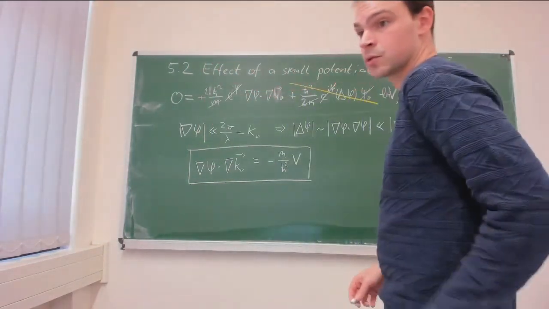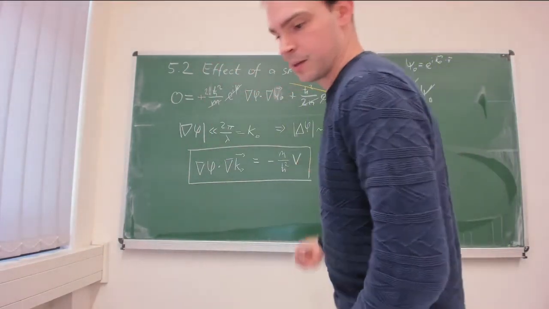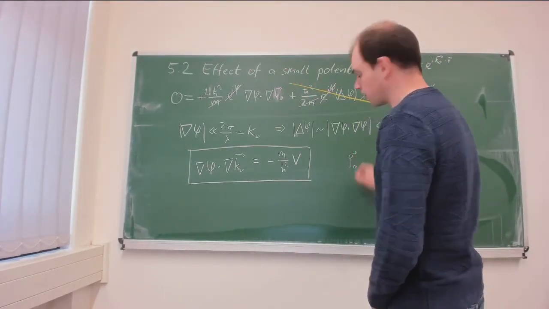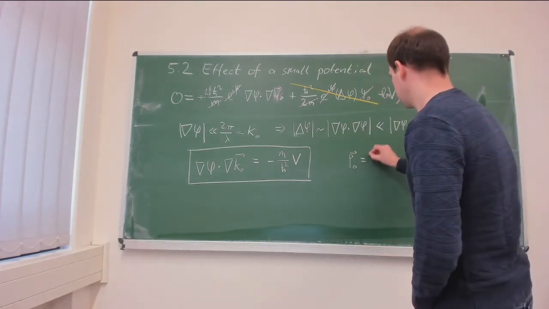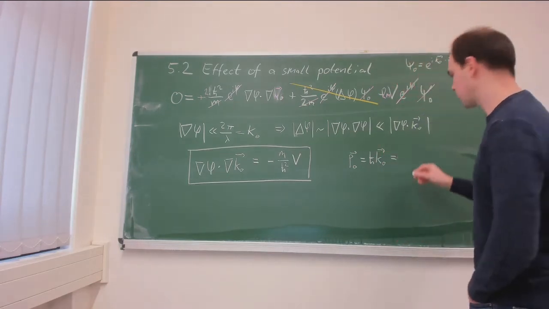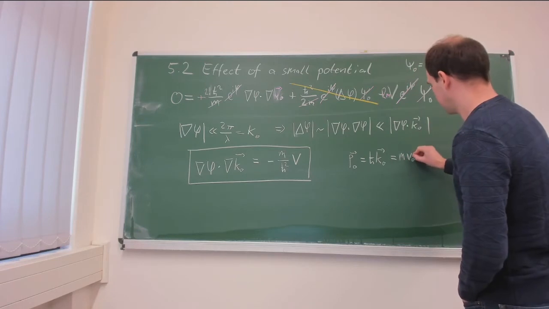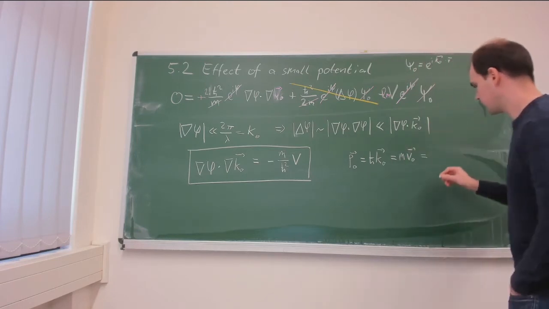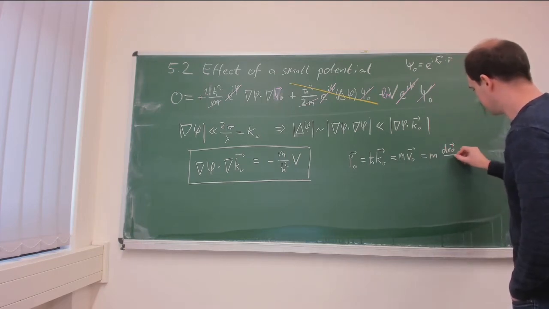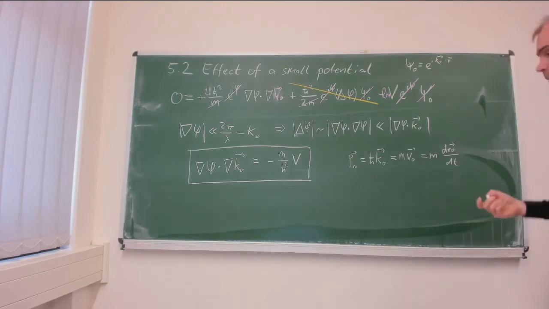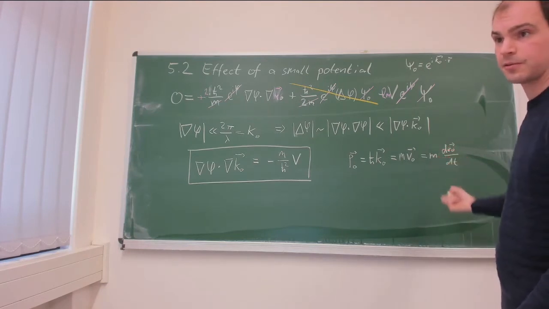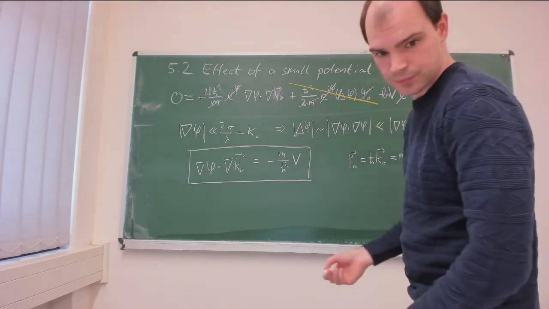And now, in order to solve this equation for the phase, first see that the momentum of our plane wave is h bar k0, and we can write the momentum also as mass times the velocity, or as m dr0 by dt, where r0 basically parameterizes the path of our particle.